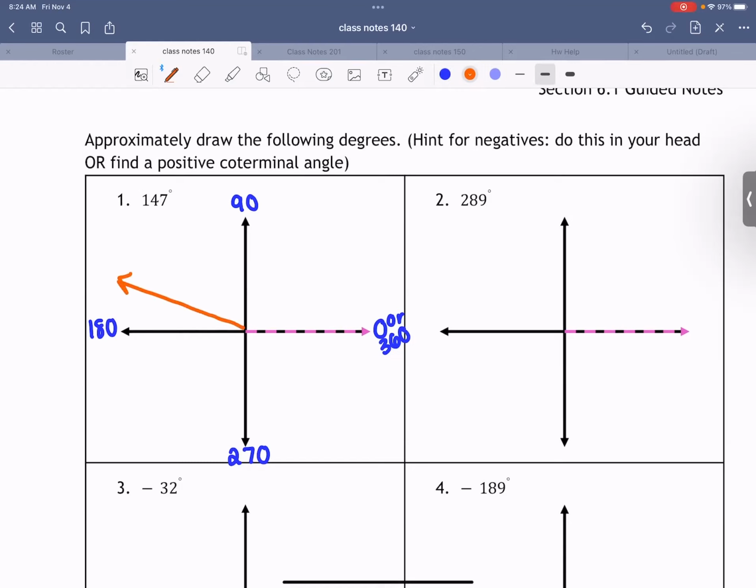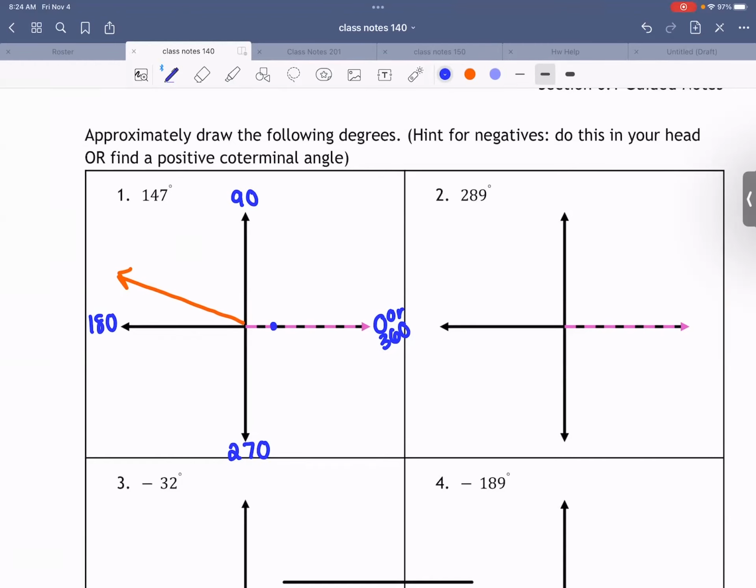I just drew the terminal side of the angle. And am I gonna go counterclockwise or clockwise? Counterclockwise, because my angle is positive. So I'm gonna draw my angle starting from the initial point, going over to the terminal side in a counterclockwise direction. I'm so bad at knowing the difference between the two.